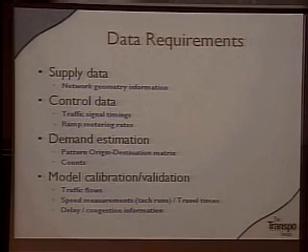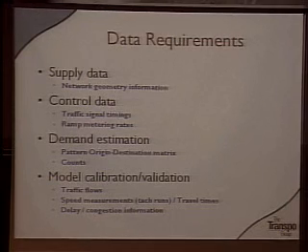In terms of data collection, usually we start with a list of data requirements. What are the data that are going to be needed to build a microsimulation application? And I like to classify the data into these 4 broad categories. Some of them have to do with the supply information, basically the geometric characteristics of the network. Then there's everything that has to do with the control, like traffic signal timing and ramp metering rates on freeways.